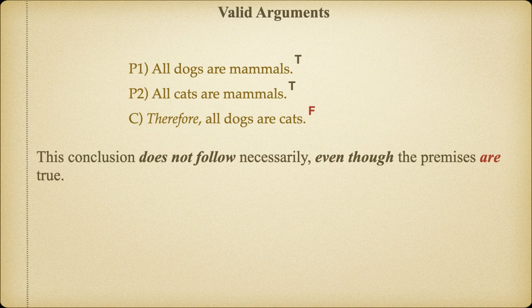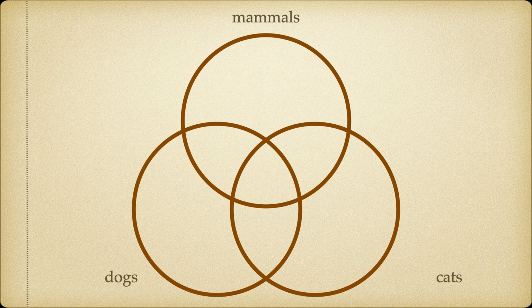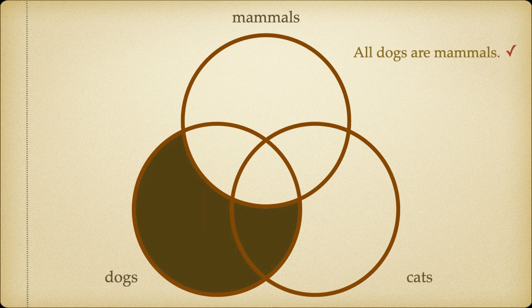To see exactly why this argument is broken, in the absence of actually knowing the rules of syllogistic logic, let's go back to our diagram and visualize it. Here we have our three sets: dogs, cats, and mammals. Following the direction of the first premise, we demonstrate on the diagram that there are no non-mammalian dogs.